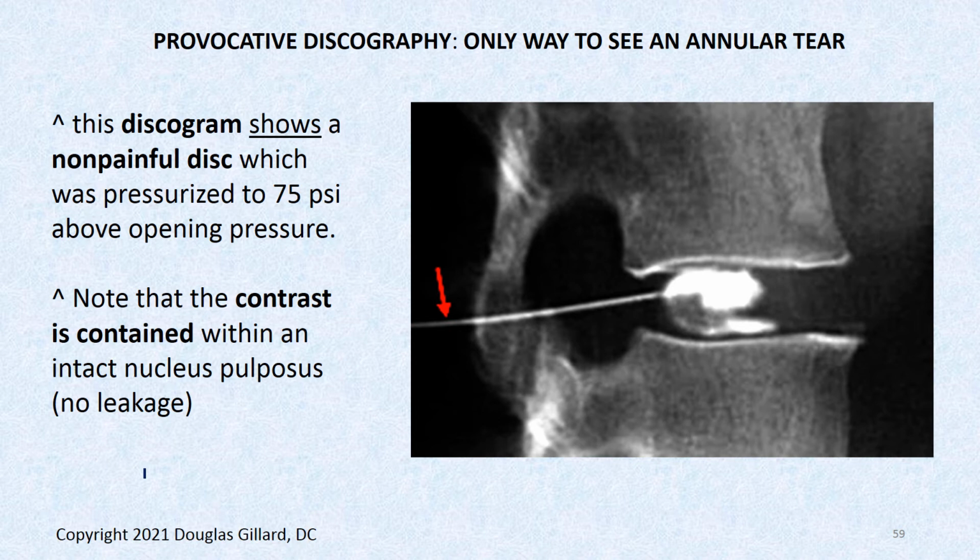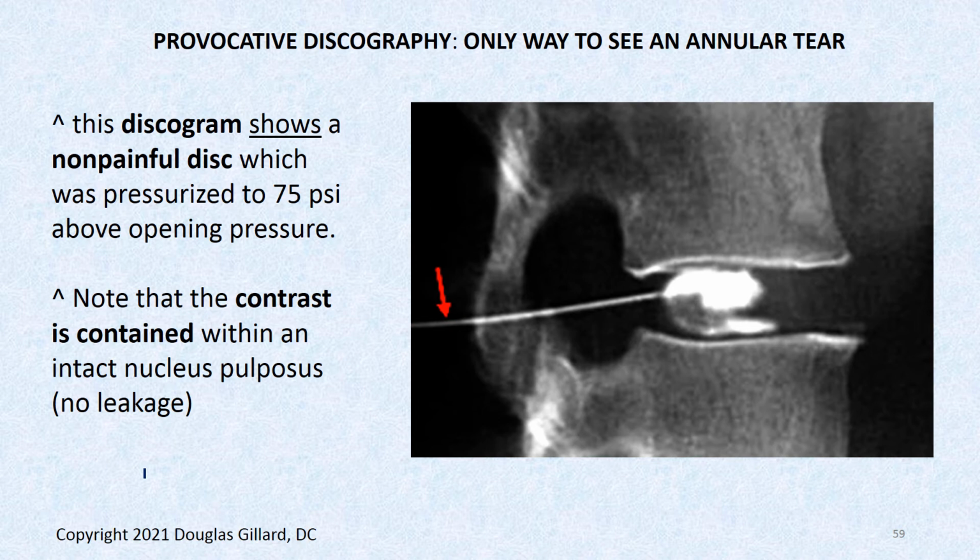But how do you see this? Is there anything we can do as chiropractors? Can we order anything to make the diagnosis of discogenic pain? You can. There's a test called provocative discography. And warning, don't ever order this test unless the patient is over 50% on the Oswestry Disability Index test, severely disabled, and has been that way for a year.